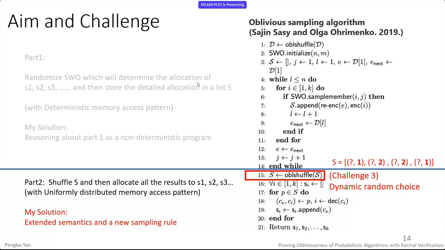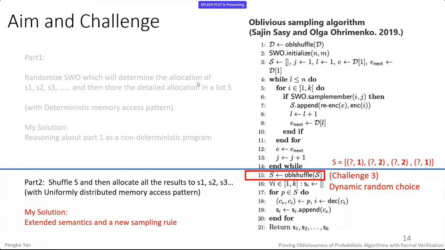The deterministic variable can only store deterministic values, it cannot store random values. And PSL's loop condition can only contain deterministic variables. That just means its semantics does not support random variables in the loop condition, so the loop cannot be probabilistic. I want to extend the PSL semantics to allow random variables in the loop condition.